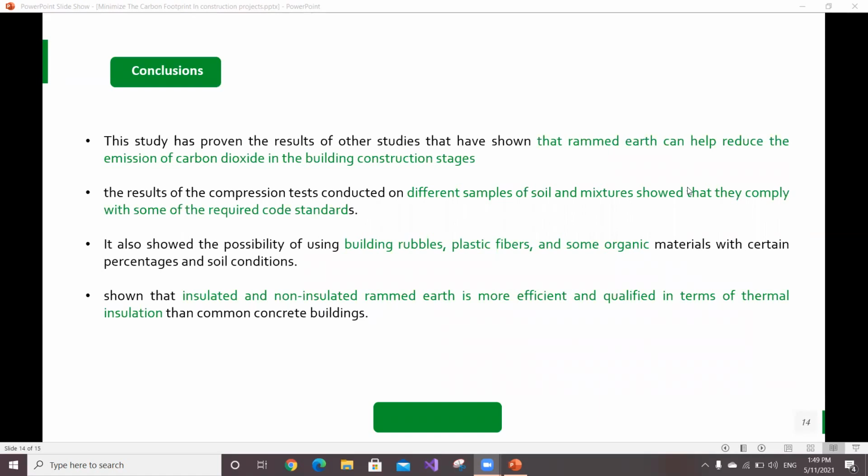So my conclusion from this study: we can reduce carbon emissions in the reconstruction stage, and we can use rubble and waste material in the reconstruction process. And sometimes we need to think about insulation material in rammed earth itself. Actually, it's better than concrete, but sometimes we need to add insulation material.